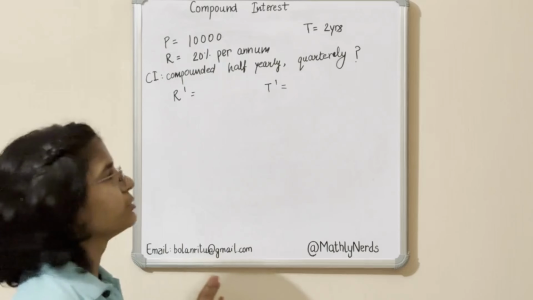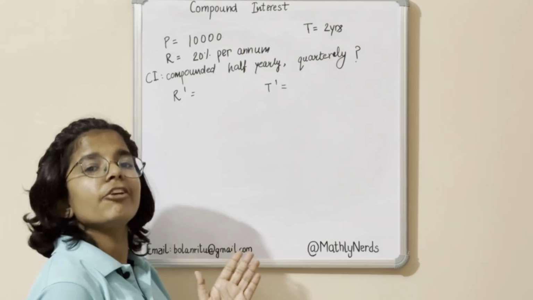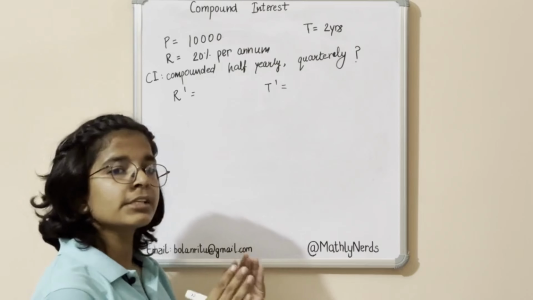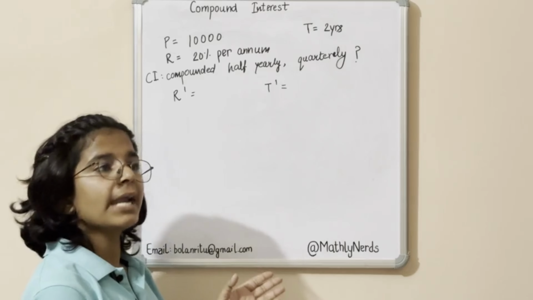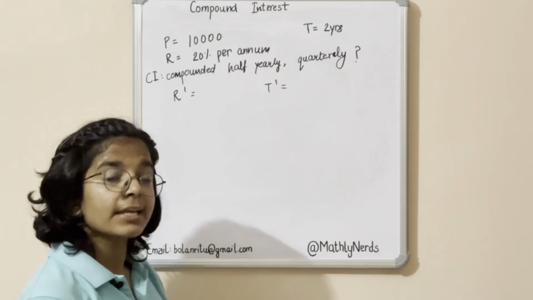Simply see this question. Our time span is 2 years. Let's assume that we are compounding our interest annually. How many times will we be calculating our interest? First time we calculate at the end of the first year, and then we add that interest to our principal amount, and then we calculate the interest again at the end of the second year.